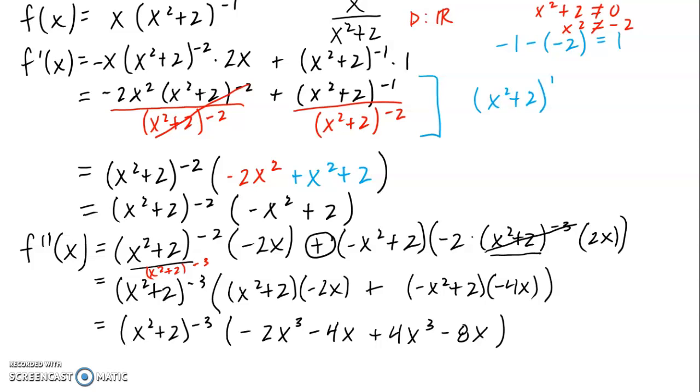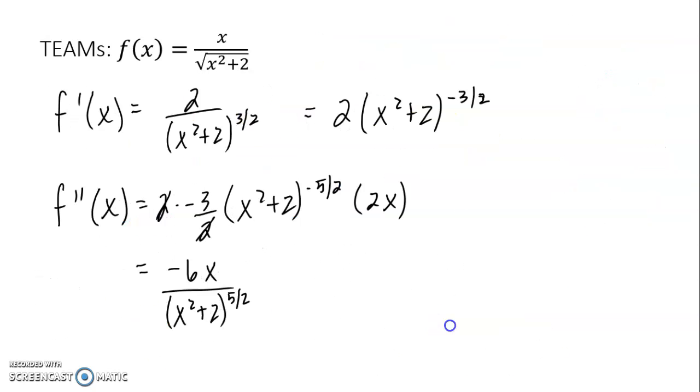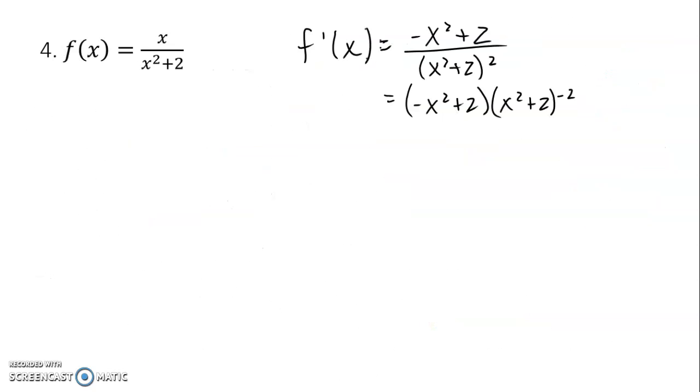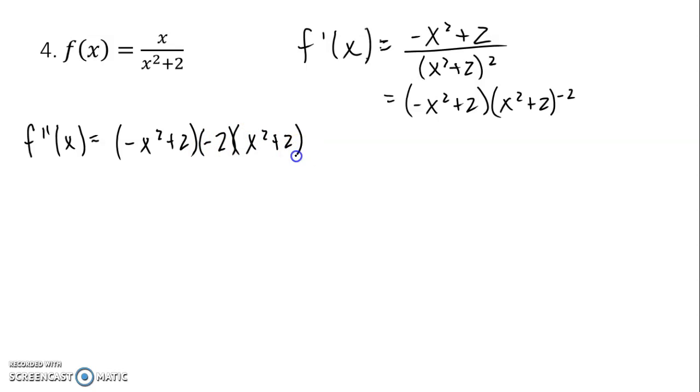Yeah, so first derivative, I kept it as a product. Just want to see what I did in class. First times the derivative of the second. Don't forget our chain rule. Plus second times the derivative of the first.